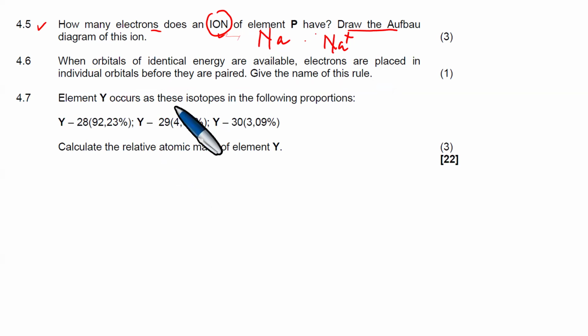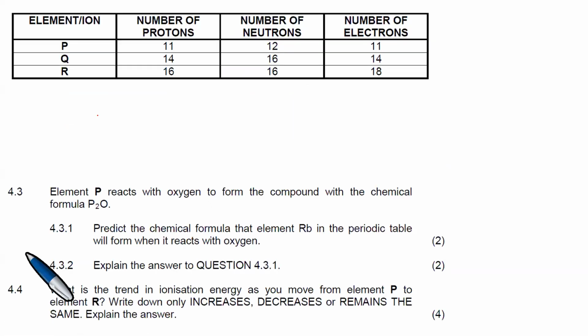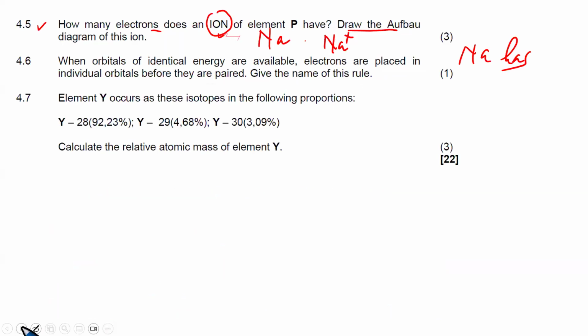Na has 11 protons and 11 electrons. If it loses one electron out of the 11, then the question asks, how many electrons does an ion of that have? It would have 10 electrons.